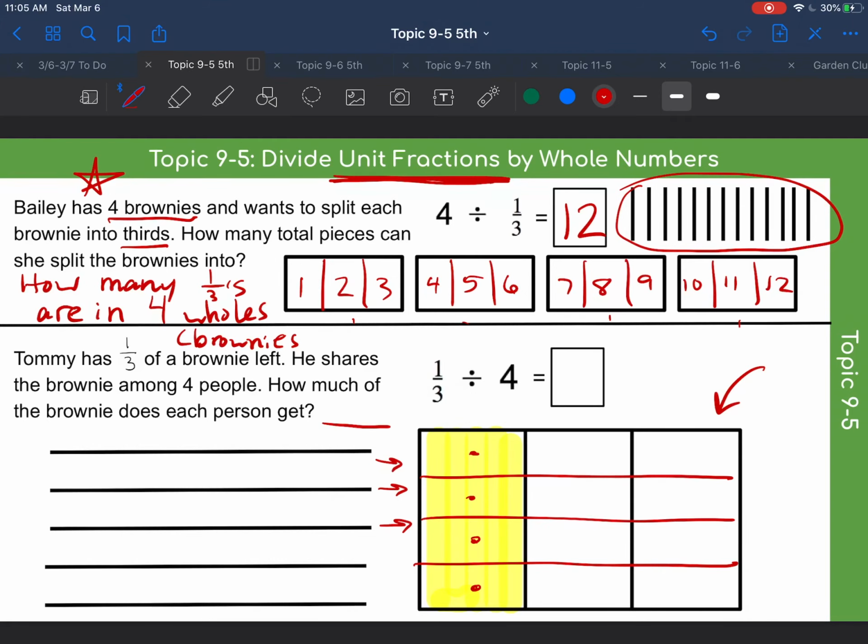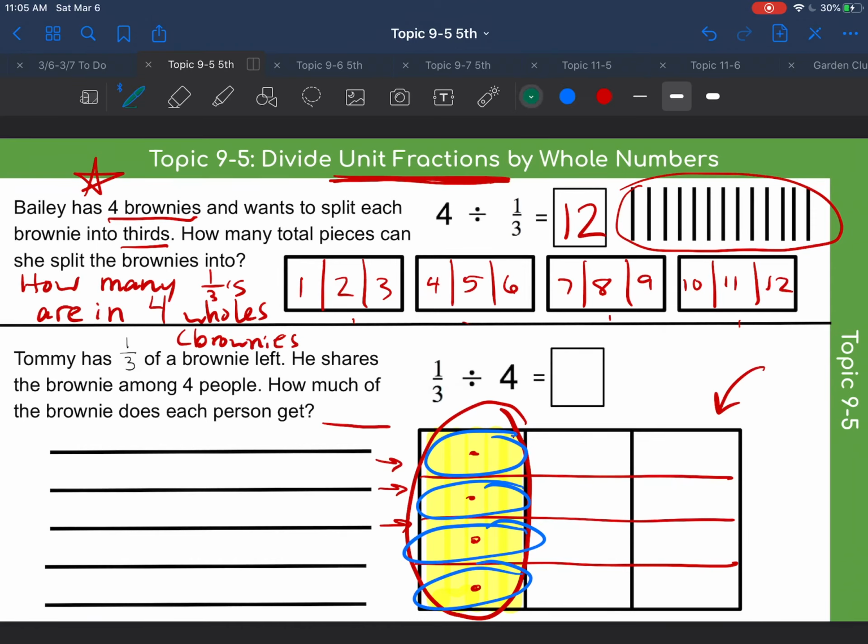But it's a little different because this is all we had, 1/3. And 1/3 is being divided into 4 equal sections. So the question is, out of this, if each person is getting one of these, what fraction is one of these out of the entire brownie?